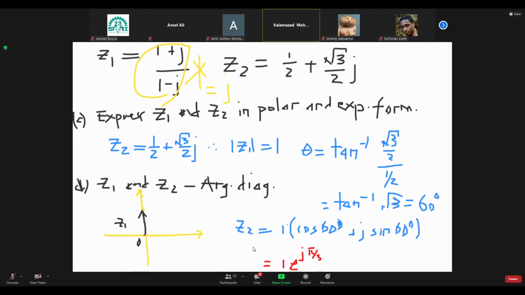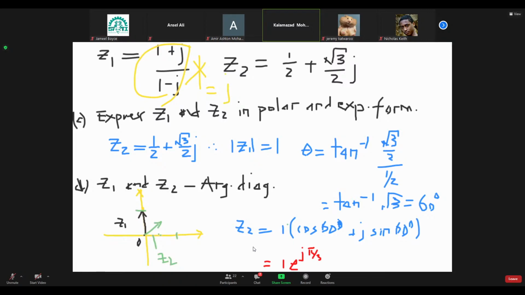And for Z2, this is 1, this is 1, so it's going to be a half. So that's going to be somewhere here. So this one is Z2. You can draw it better than that, I'm just trying to save space here. That's pretty easy.